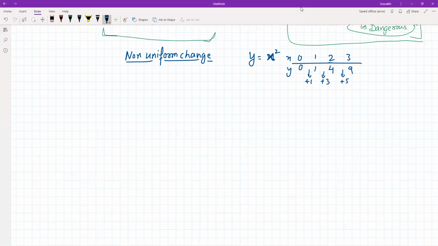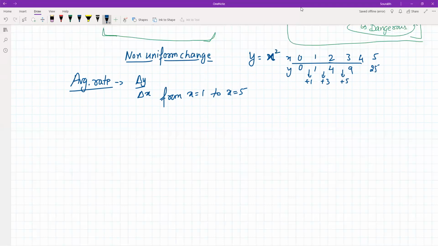So in such cases, how are we going to find the average as well as the instantaneous rate? The average rate still holds the same definition, that is delta y by delta x. For example, from x equals 1 to x equals 5. If x is 5, y will be 25.